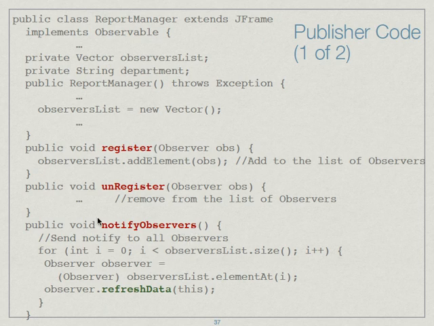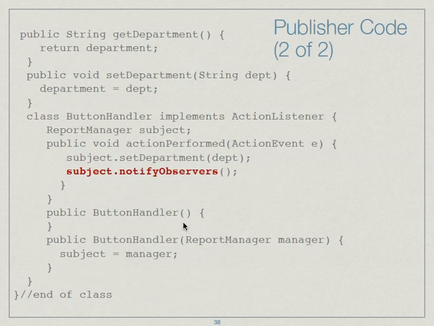Then notify observers will go through the observer list, which is updated by these two functions, register and unregister, go through it one by one, and then call the observer's refresh data. This is the second half of the publisher's code.